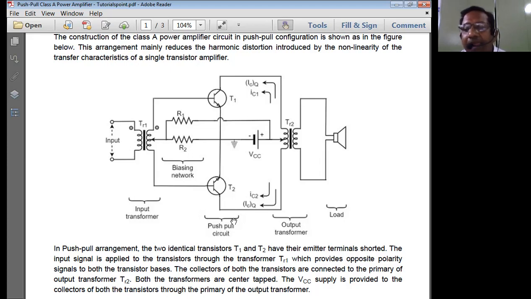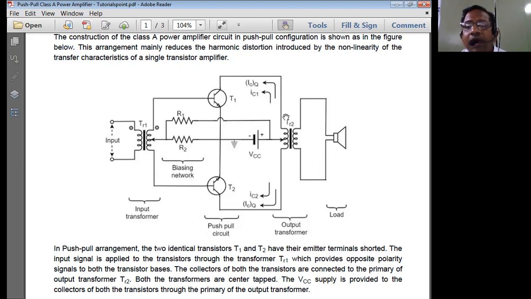But when you come to the push-pull type of class A, that particular definition is slightly violated. A little bit of current will be flowing through T2 as well. That's the reason why we don't really prefer this, because this is unwanted current flowing through the output terminals.